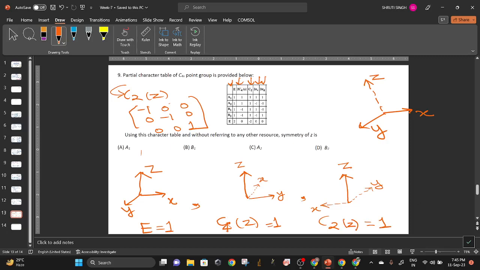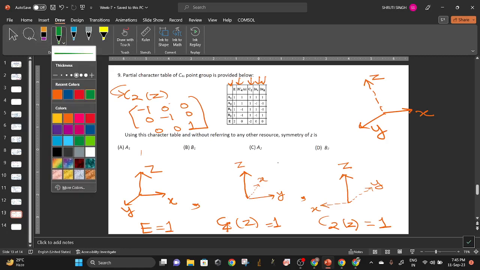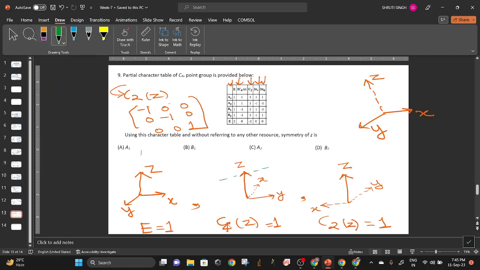Next thing is sigma V and sigma D. Okay. Now this sigma V and sigma D are also parallel to the principal axis, right? So suppose this sigma V will be here. Okay. This is sigma D and one sigma V will be like this.